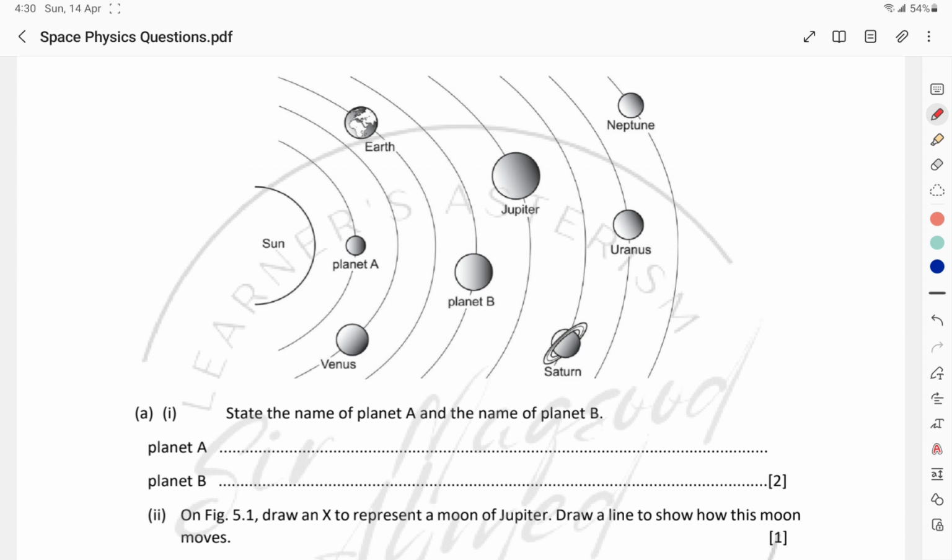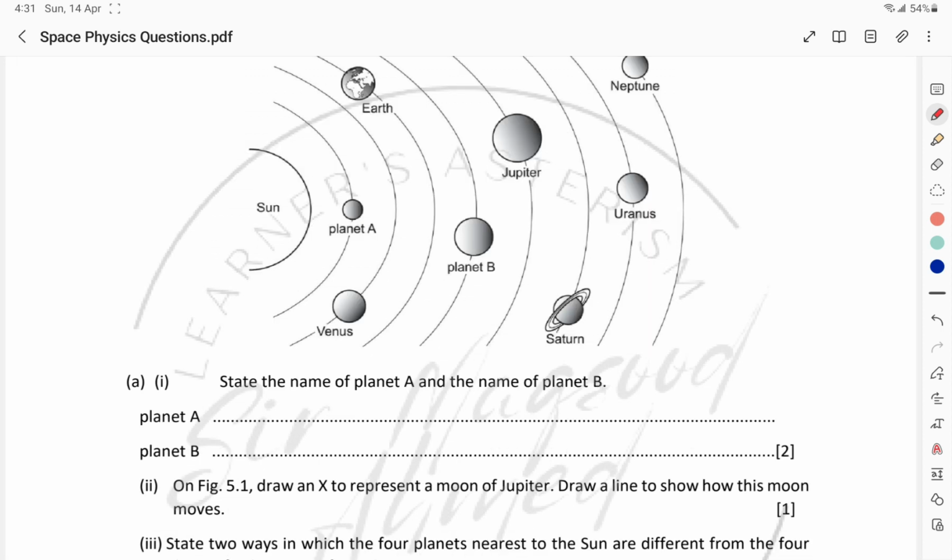So as we noted, the closest planet is Mercury. At number 4, the planet is Mars. So planet A is Mercury and planet B is Mars.